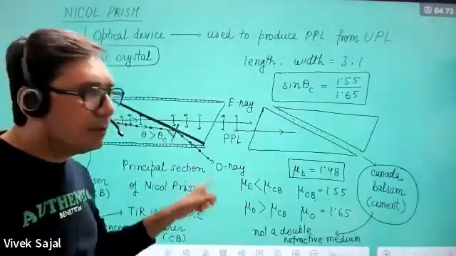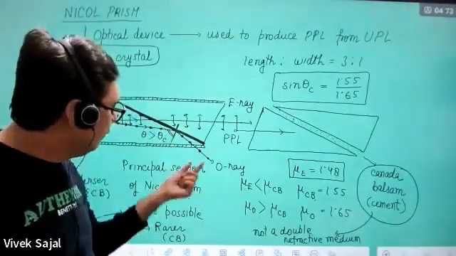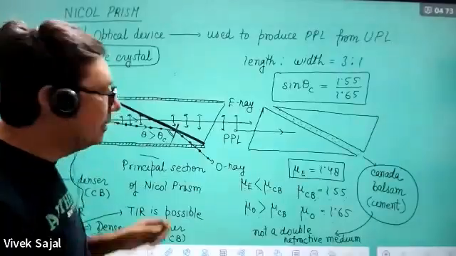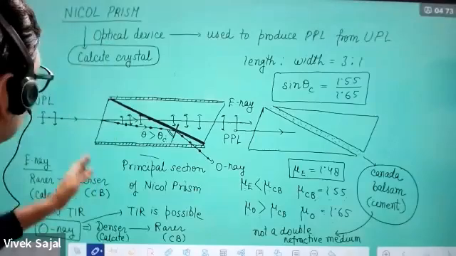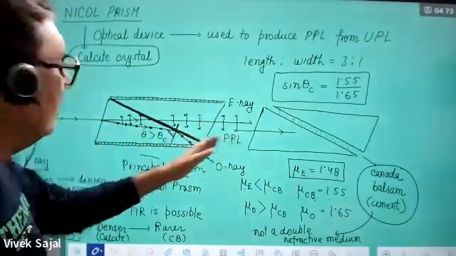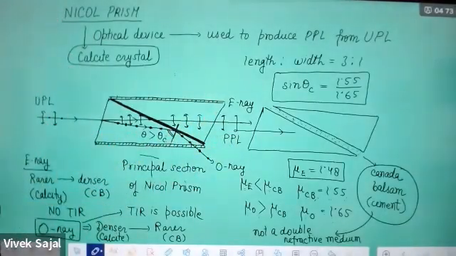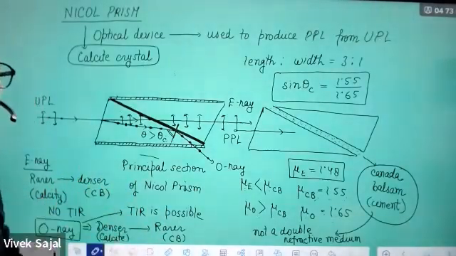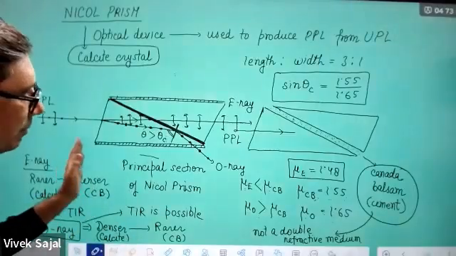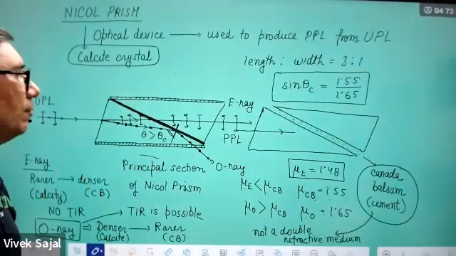So that's why the O ray will undergo TIR. It will be absorbed at the sides, and extraordinary light will pass through it. In this way, plane polarized light can be produced from unpolarized light. So this is the working of the Nicol prism. I have given you the basic physical aspects on the basis of which this Nicol prism works.